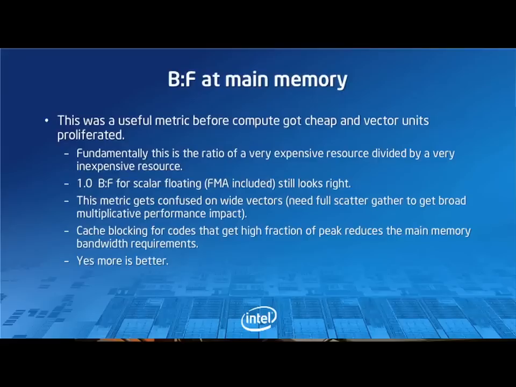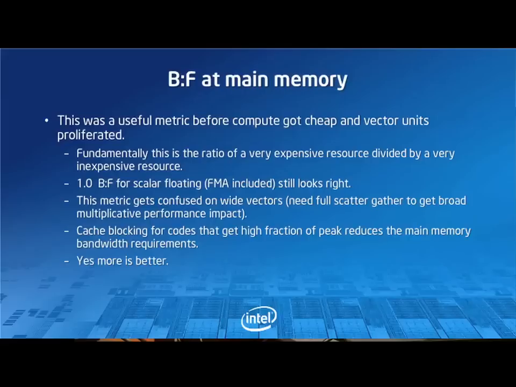And if you look at most scientific simulation codes, they don't do a lot of vector. They do a fair amount of vector, and that's all very good. So we're saying fundamentally this ratio is very expensive, and it's getting confused. It's confusing architects in terms of what they should really be focusing on.